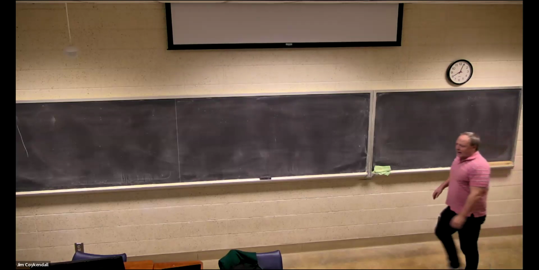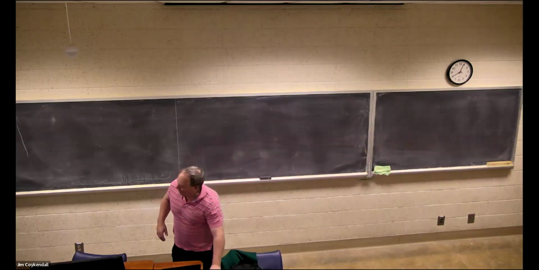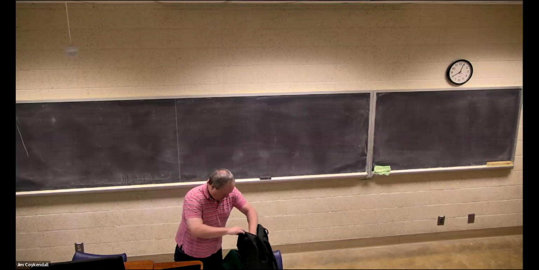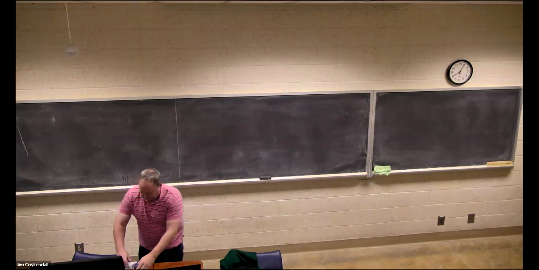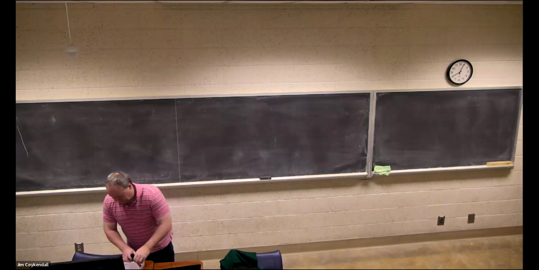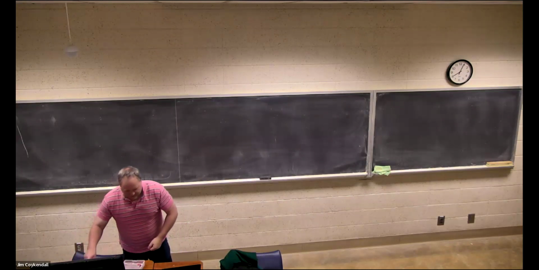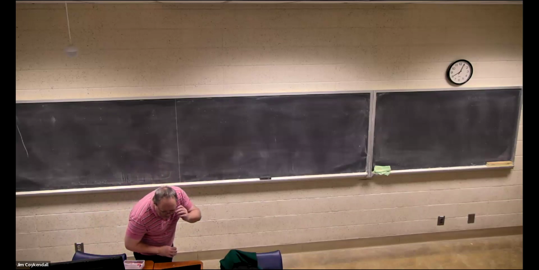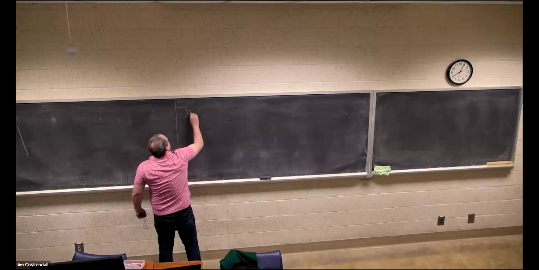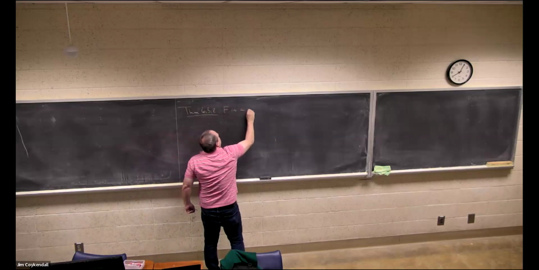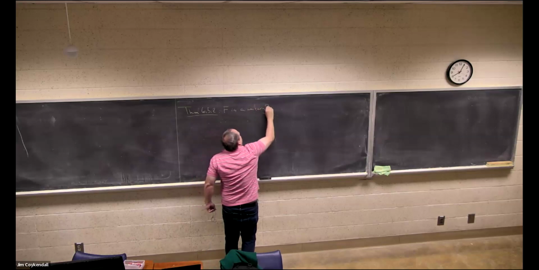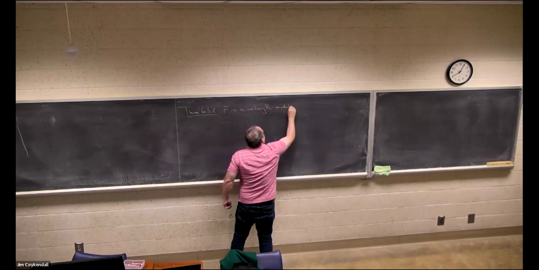So the last time we were talking about free modules, and I gave you the following theorem, and we will go through the proof of it. Let me recall for you. If R is a ring with identity, and F is a unitary R module, the following are equivalent.